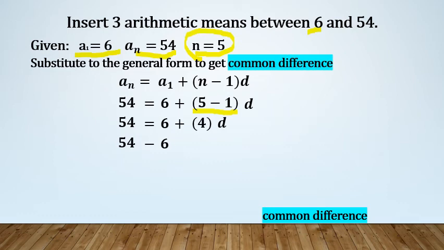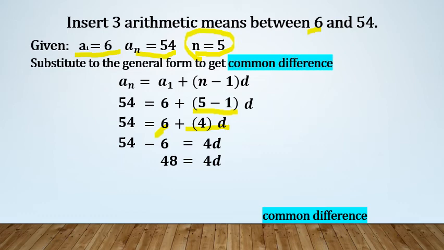54 equals, ganito na. Ihihiwalay natin yung may variables. So, yung 6, ililipat sa kabila. Positive, magiging negative. 54 minus 6 equals 4d. 54 minus 6, we have 48 equals 4d.